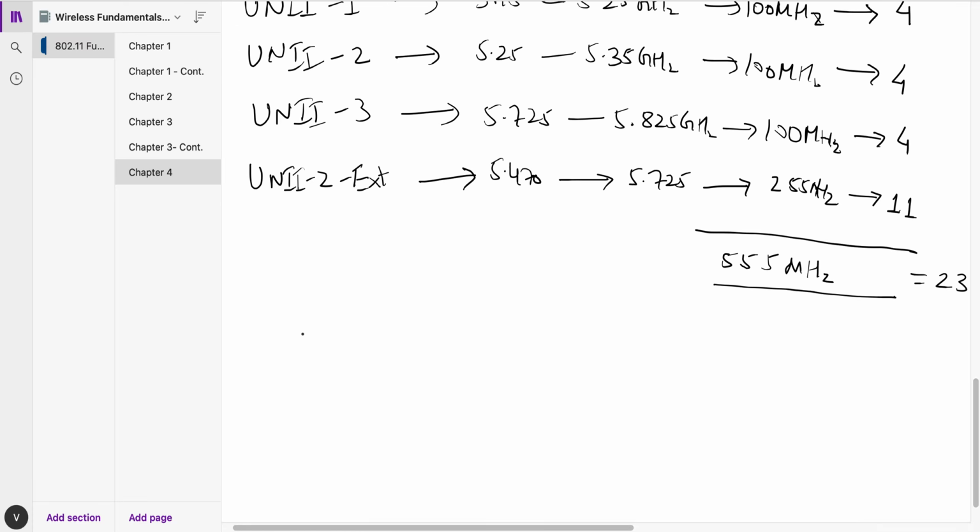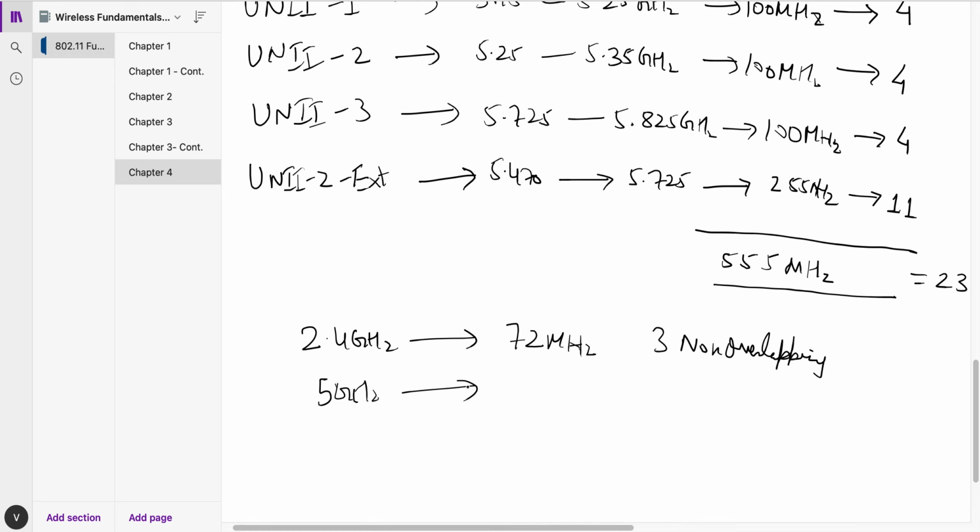So in 2.4 gigahertz we have 72 megahertz of spectrum with three non-overlapping channels. In 5 gigahertz we have 555 megahertz and 23 channels. By the way, now it's 24. We have another channel that got added. So we have approximately 24 non-overlapping channels.